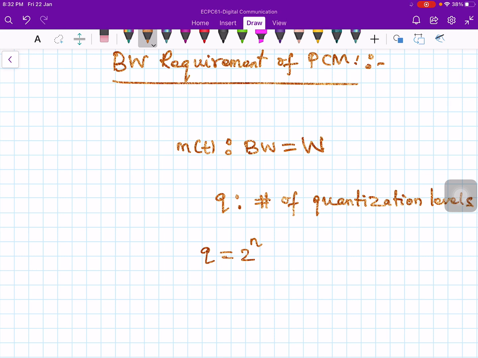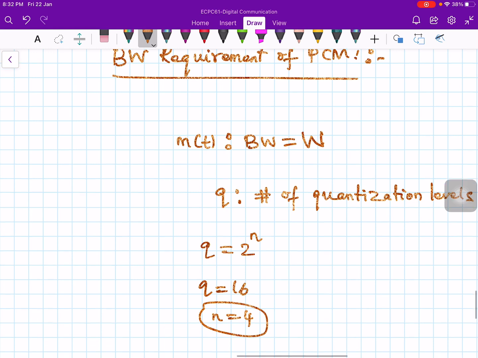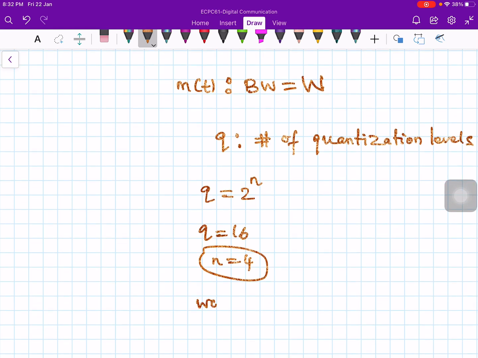If Q is equal to 16, then n is equal to 4, the number of bits in a word required to represent each level. So the encoder will have to use a word length of n bits.